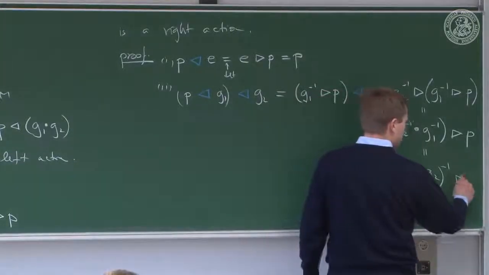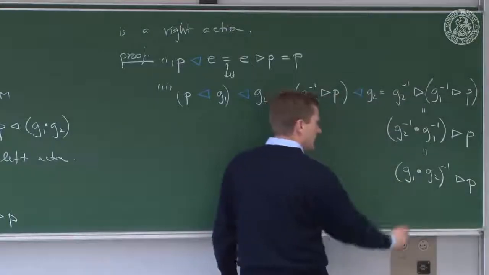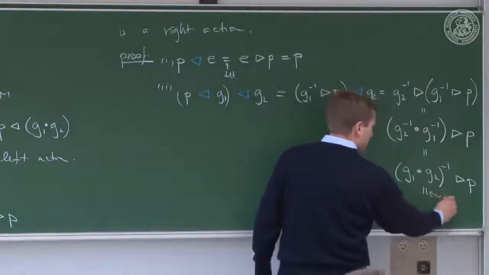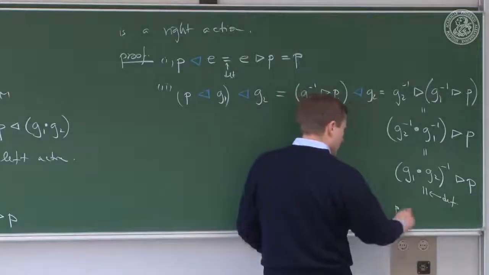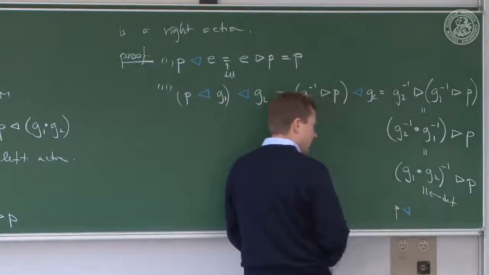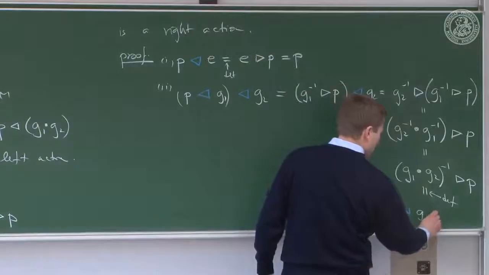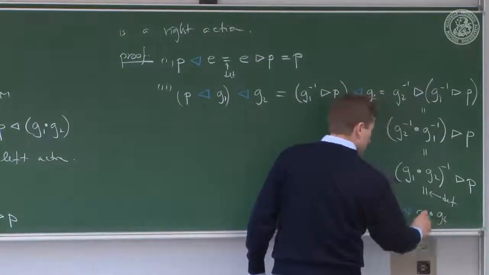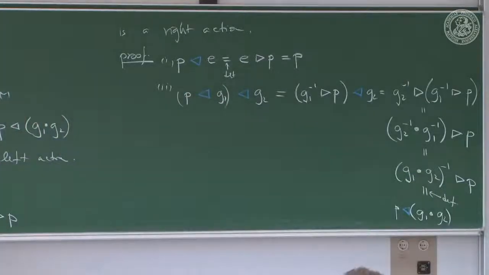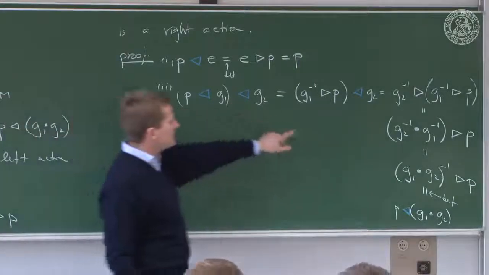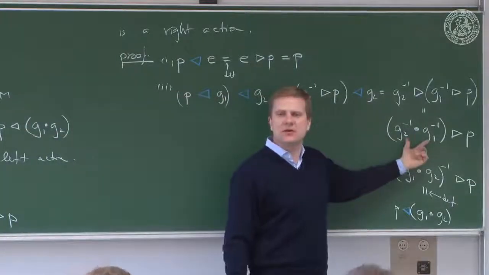And that acts from the left on P. But this, again, by definition of the right translation, is the P on which we have acting from the right G1 G2. And this is precisely what we required. And you see that the inverse is important to flip here the order.